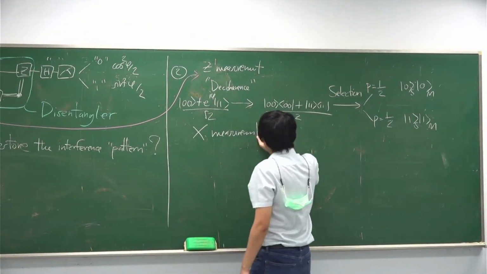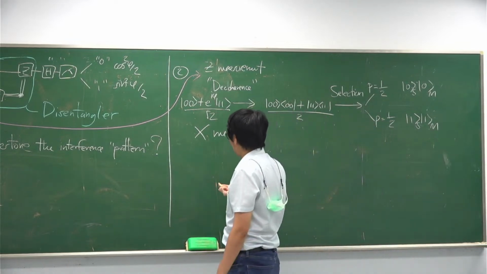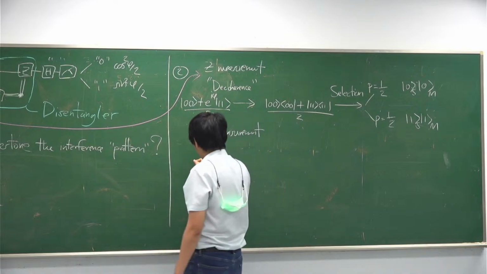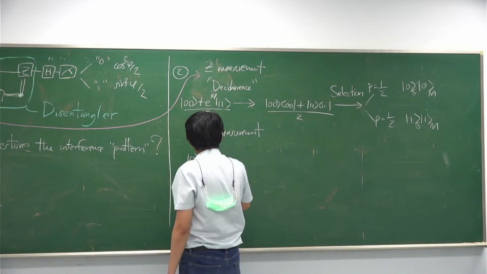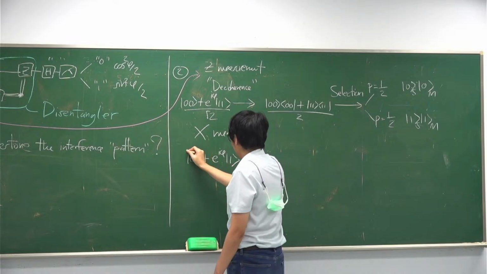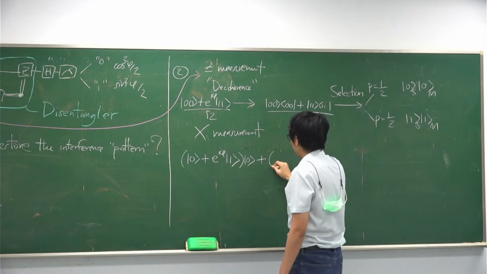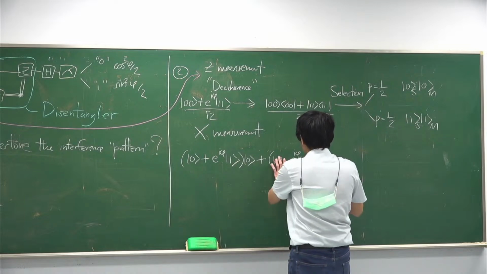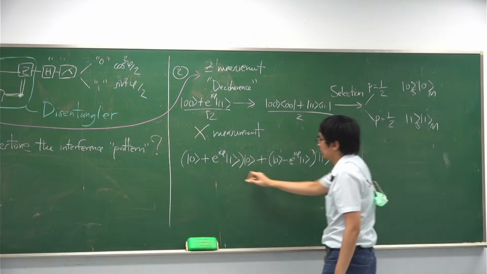For the X measurement, last time I skipped this state. So what happens here is that we have, okay, I think the state is like this. Yeah, I hope that the psi is correct.